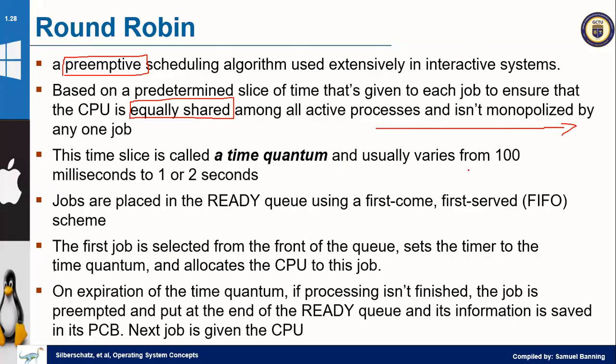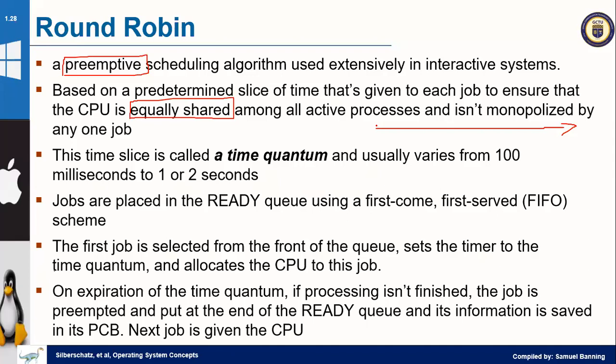Thank you. All right, so here, the CPU time is divided into a time slice referred to as the time quantum. This time quantum can vary from 100 milliseconds to 2 seconds. So it can be 1 second, every 2 seconds, or 100 milliseconds.